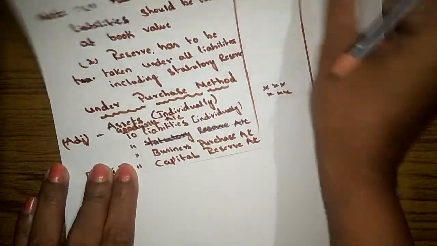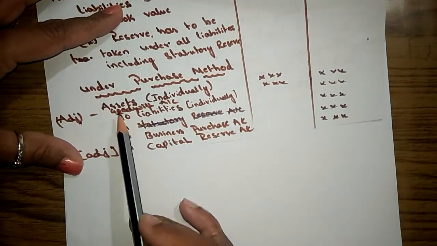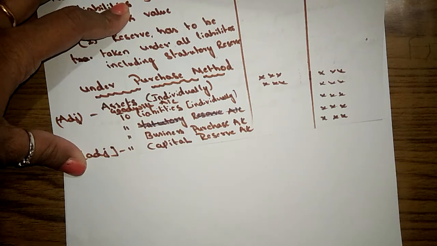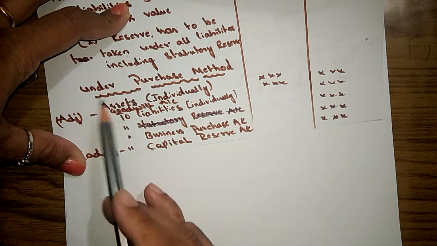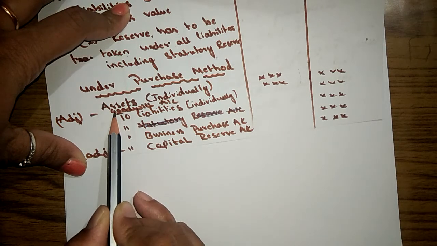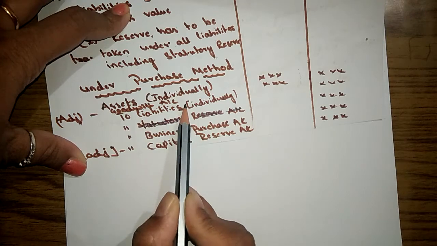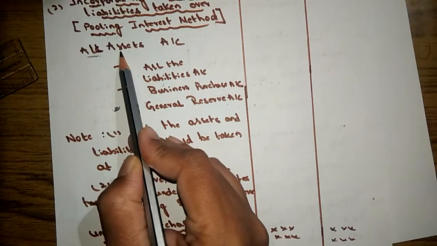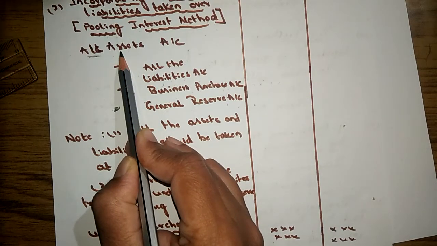The second one is the purchase method. Under this method we are going to debit the individual assets which are taken over by the purchasing company. We are going to debit only those assets which are taken over by the purchasing company, in this case including cash.